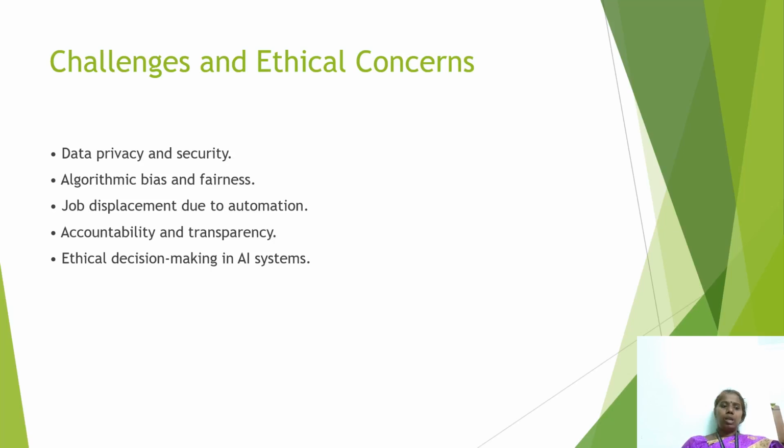And the last one, ethical decision making in AI systems. The use of AI in sensitive areas like surveillance, autonomous weapons, and decision making raises ethical questions. Finding a balance between technological innovation and ethical accountability remains a continuous challenge in AI development.